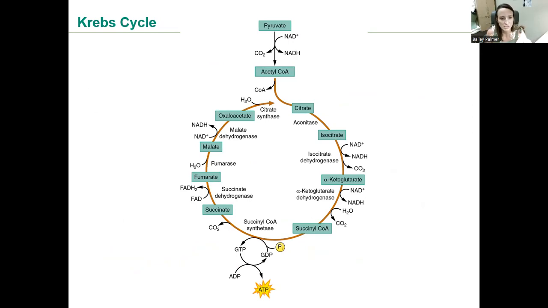But again, CO2 is a waste product. Acetyl-CoA combines with oxaloacetate. We make our citrate here. I'm not going to ask you about any of these other enzymes. It's just neat to see where they are and what they do. The only one I'm going to ask you about is isocitrate dehydrogenase, the rate-limiting enzyme that occurs between isocitrate and alpha-ketoglutarate.